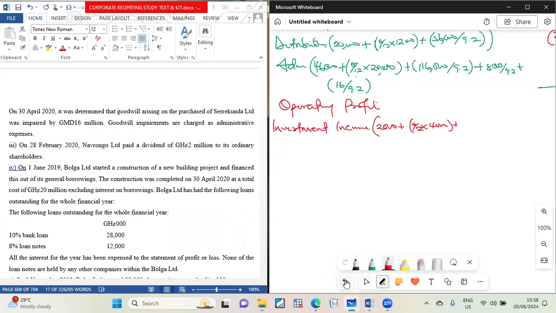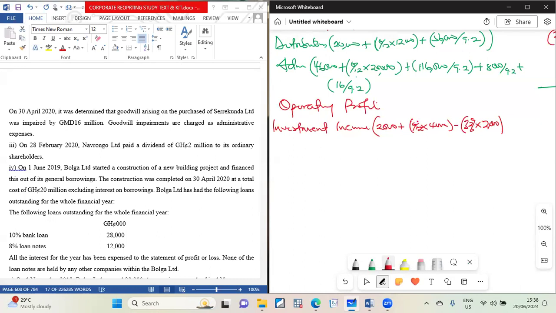And we are subtracting. It's our investment dividend from an associate. So we do 32% of the 2 million. So we will write 2,000. And it is in Navrongo, so the currency is not a problem. All right, so that is how we take care of that dividend.